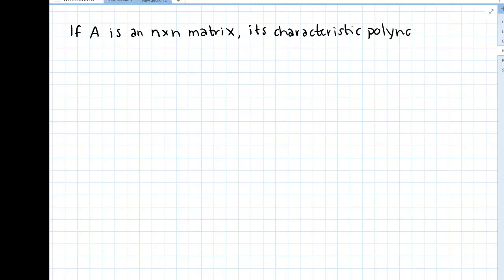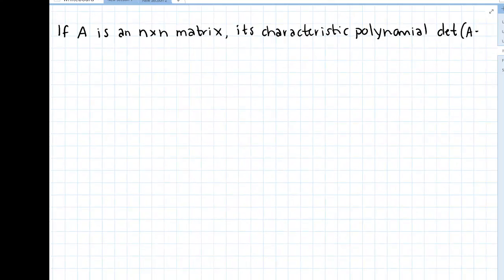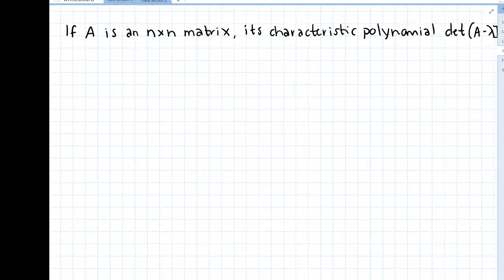One thing we talked about last time is that if A is an n by n matrix, its characteristic polynomial, which is just the determinant of A minus lambda I, doesn't look like a polynomial, but once you actually work it out, it comes out to be a polynomial. The point of what I'm writing down here is that it has degree n.